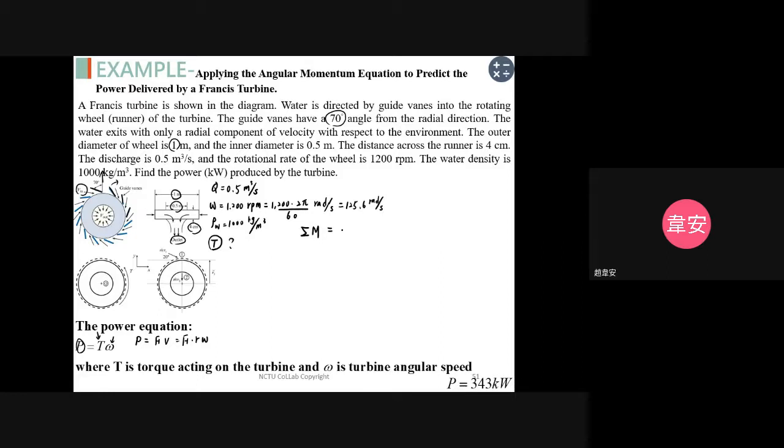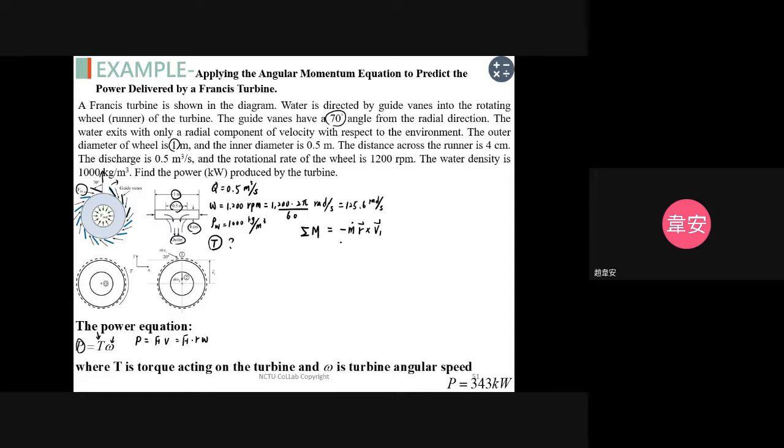So in that way, for the inflow, we have the minus momentum rate, the mass rate multiplied by the factor r cross V1 velocity. Right now, the V1 is our flow velocity for the inlet.